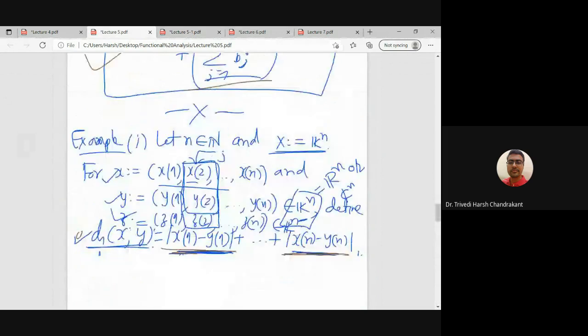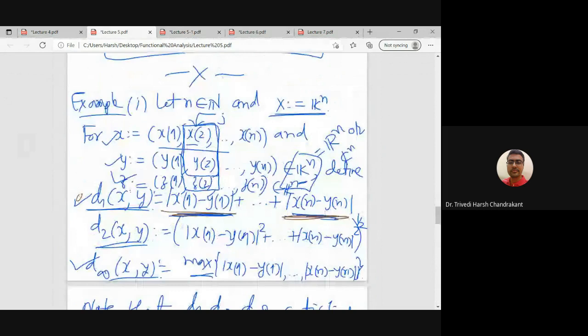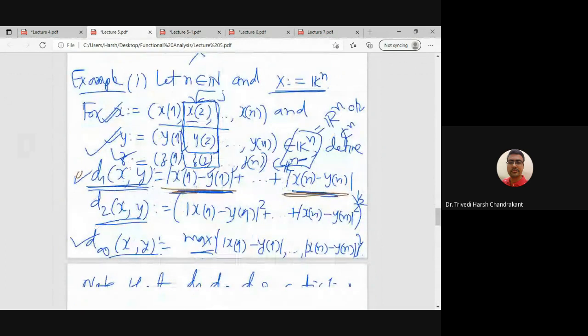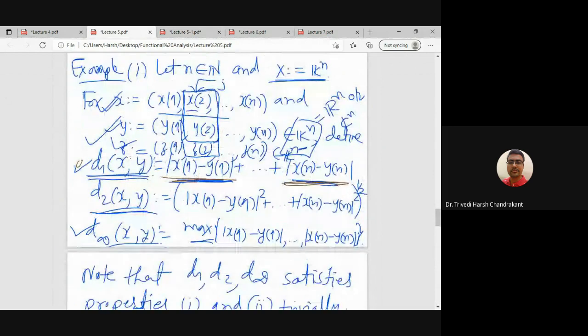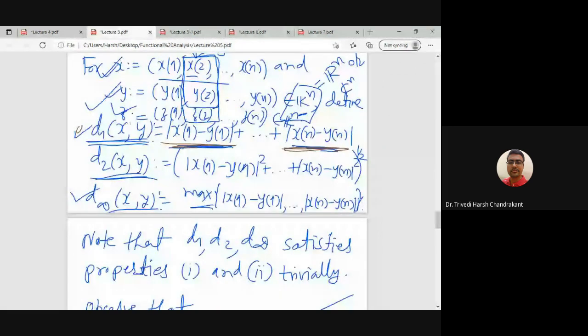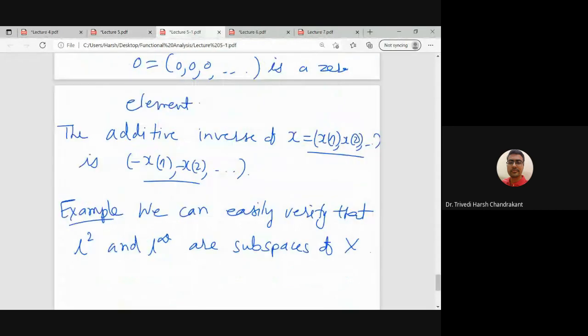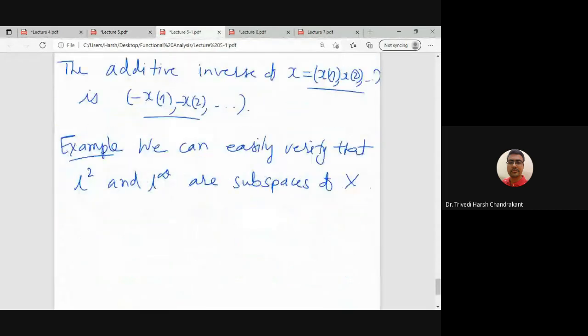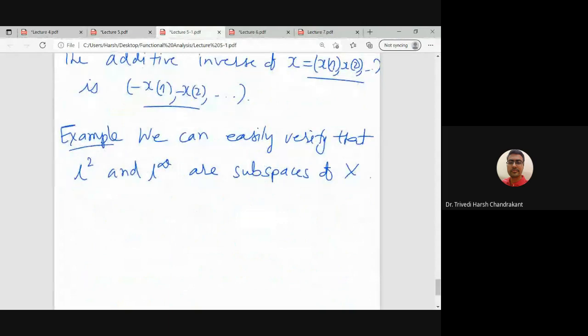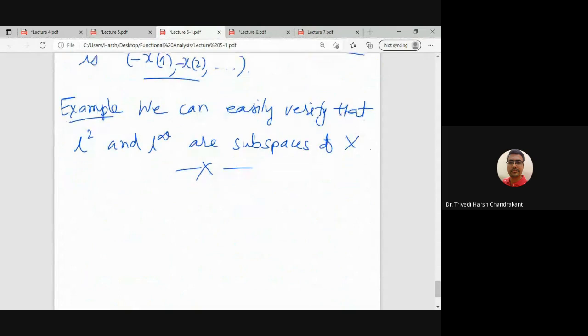If we have two sequences x and y, then we can define d1 of x, y, which is the first metric, then the two metric, and the infinity metric that was using the maximum. But there we had n coordinates, and now we have infinitely many coordinates. But still we can define these maps. So let us define what these functions are.